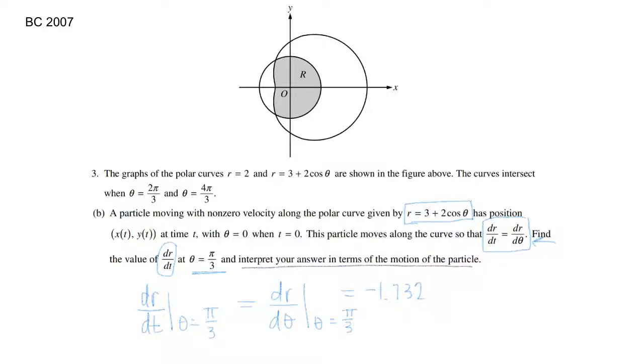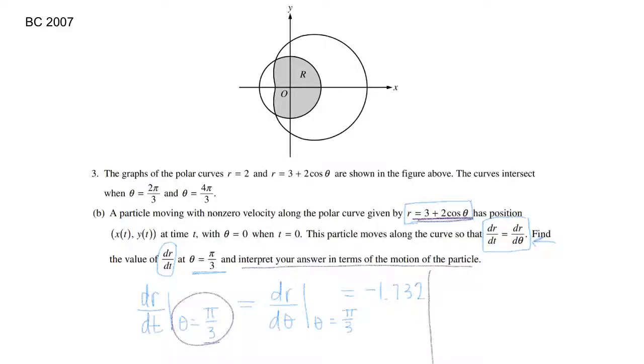So let's think about this. When theta was pi over 3, our radius value at pi over 3, if we look at that, is going to be a positive value.